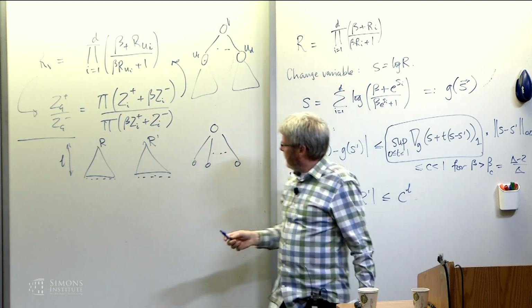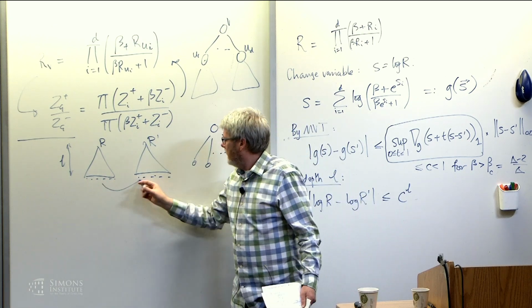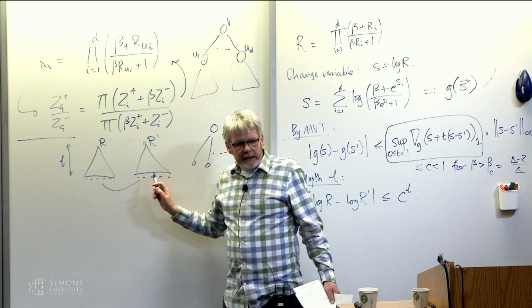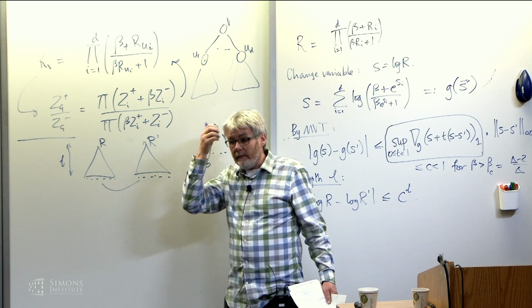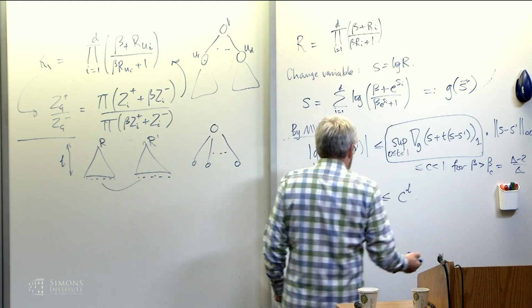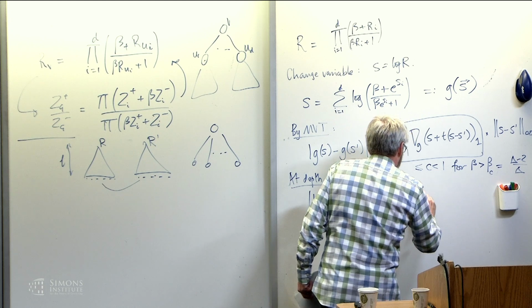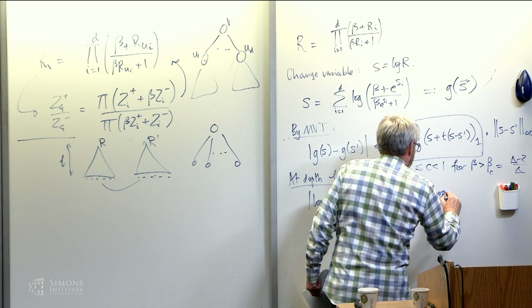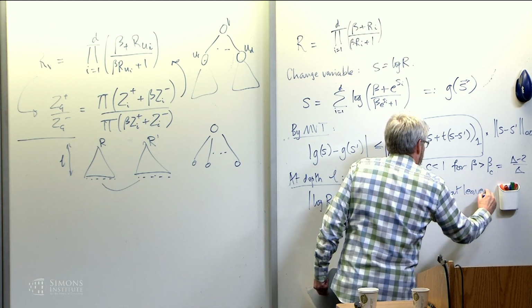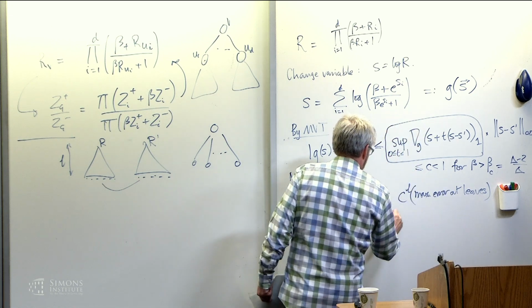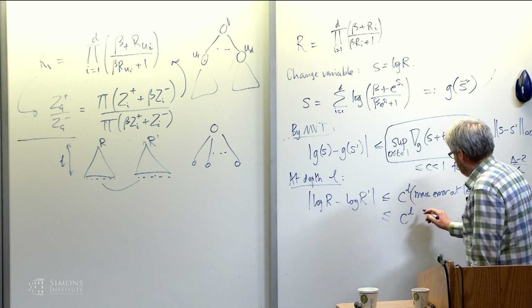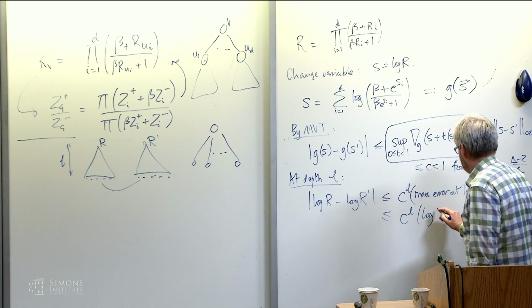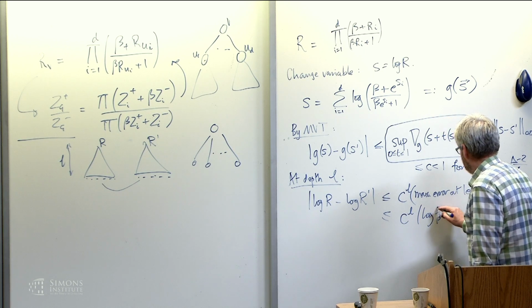So in fact, I can always assume that the worst error on my leaves is beta to the d, or 1 over beta to the d. So this will be less than the max error at leaves, which is less than or equal to c to the L times log of 1 over beta to the d.